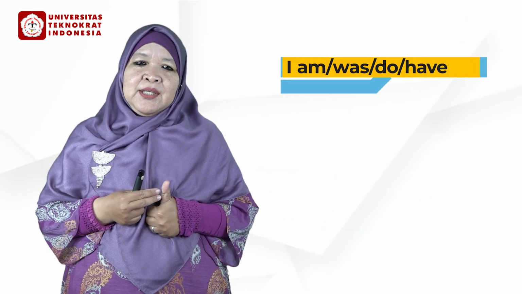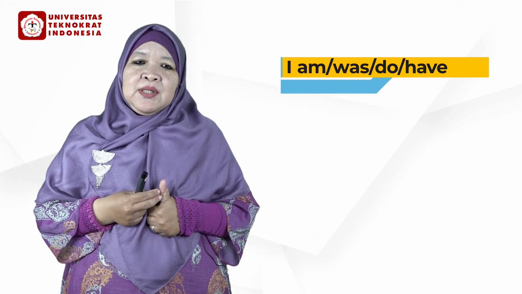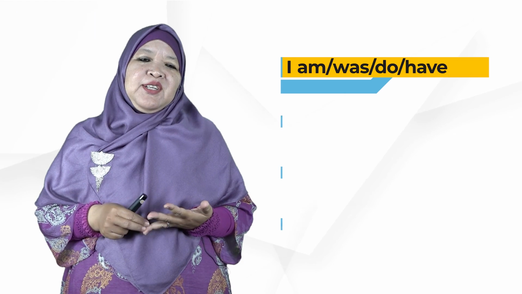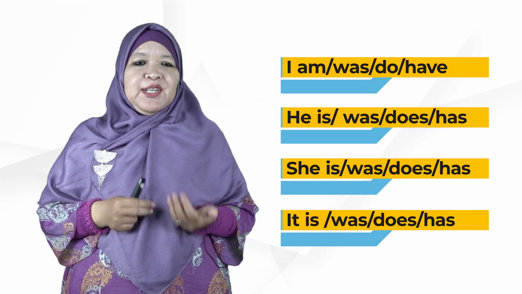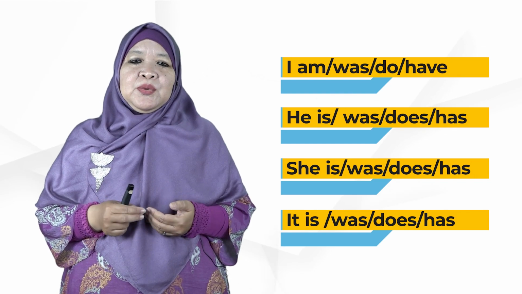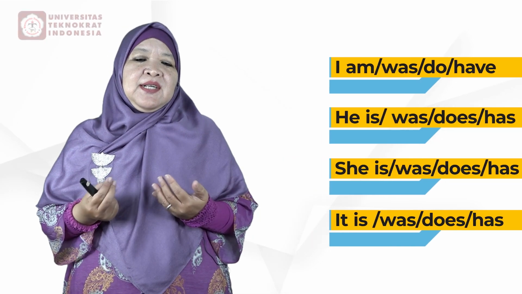I'm sure you know well which pronoun refers to singular and which to plural. That's why you need to agree the pronoun with the auxiliary. The pronoun I agrees with the auxiliary am, was, do, and have. And then the pronouns he, she, and it agree with the auxiliary is, was, does, and has.